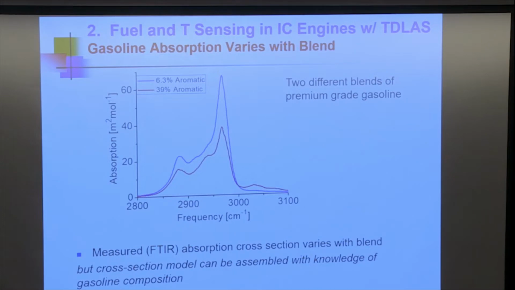So here's an example of two different blends of premium grade gasoline, one with 6% aromatics and one with 39%. What do we see? The aromatics have smaller cross sections. The structure of that ring means that those CH stretches contribute less to this shape. So the shape's about the same.